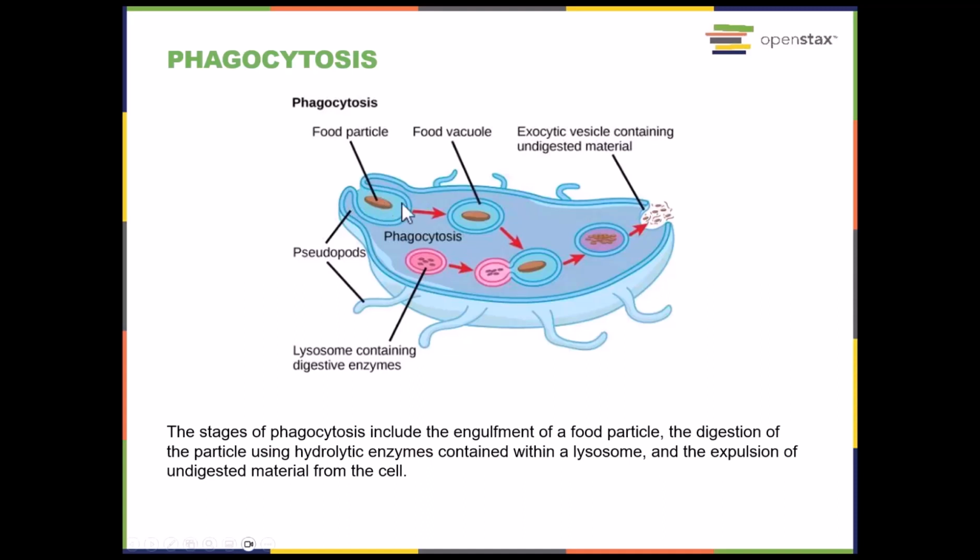It's going to wrap around that, and we're going to create what we call a food vacuole. Inside this cell is another sac that contains a bunch of digestive enzymes. That is going to merge with the food vacuole, and that's going to allow this cell to break that down. It's going to use what it can, and whatever it can't use, it'll essentially do the reverse of this phagocytosis. It'll come over here and eject what it cannot use.